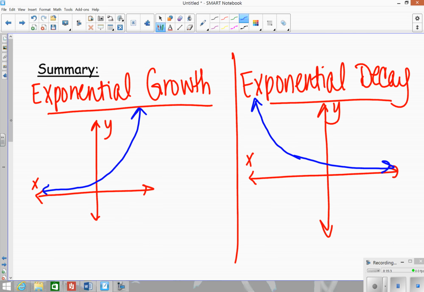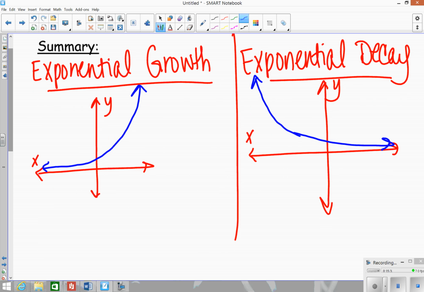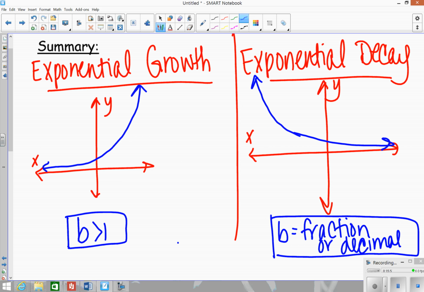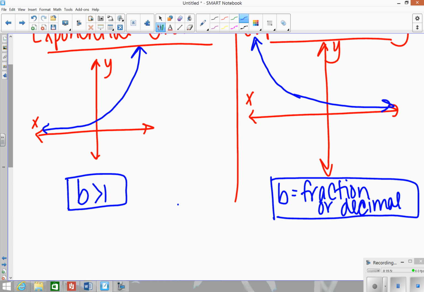The difference in the equations, well, for exponential growth, the b value has to be greater than 1, where for decay, b is going to be a fraction or a decimal. So exponential growth is always going to be increasing.